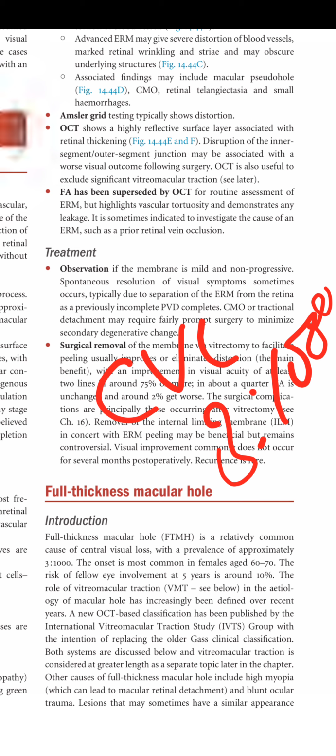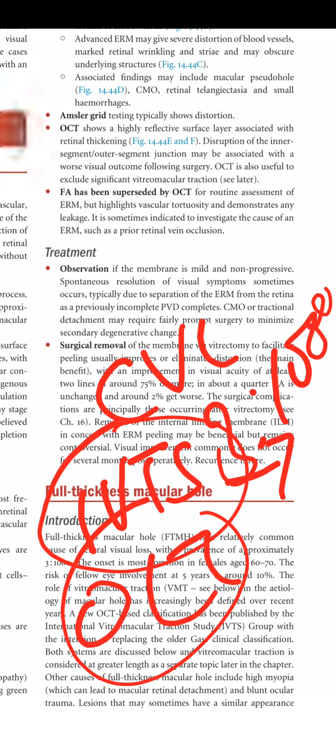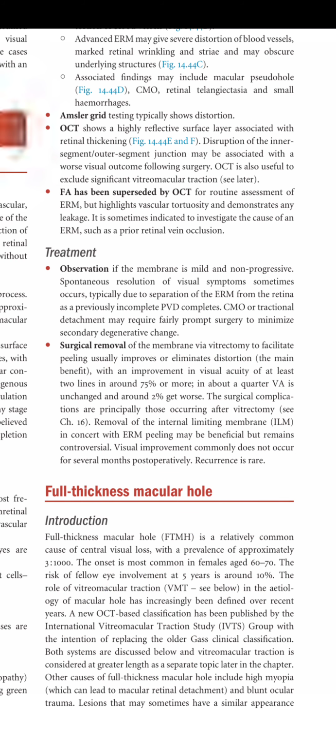A new OCT-based classification has been published by the International Vitreomacular Traction Study Group with the intention of replacing the older GASS clinical classification. So there is a new classification of the macular hole which is based on OCT, and that is replacing the old GASS classification, which is usually a clinical assessment. Both systems are discussed below, and vitreomacular traction is considered at greater length as a separate topic later in the chapter.